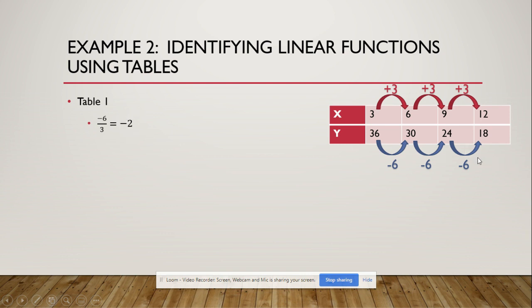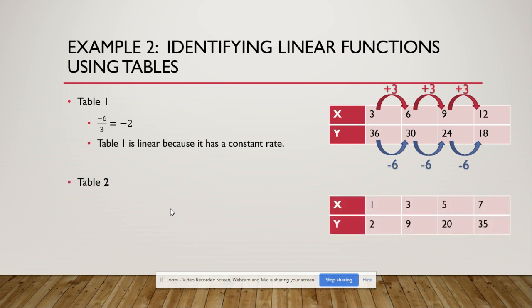So even if your numbers change, these numbers that I have in blue and red, that's still okay. What's important is that the fraction always remains the same. In this case, it did. So table 1 is linear because it has a constant rate. All right, table 2. We're going to check on the slope.